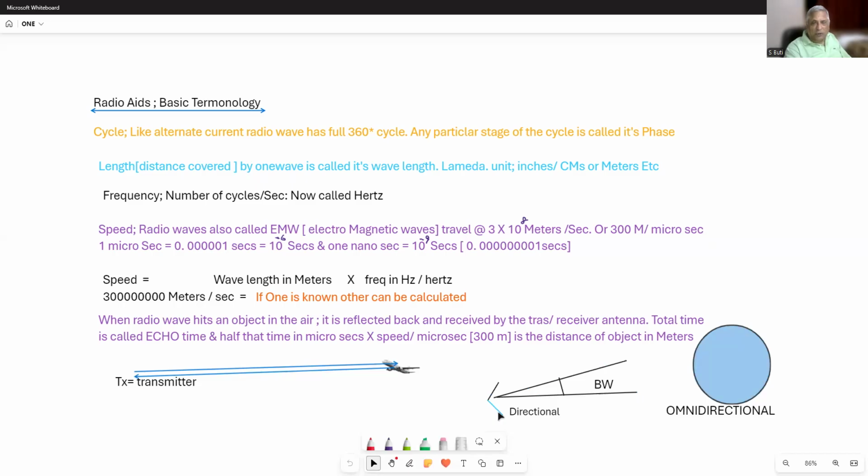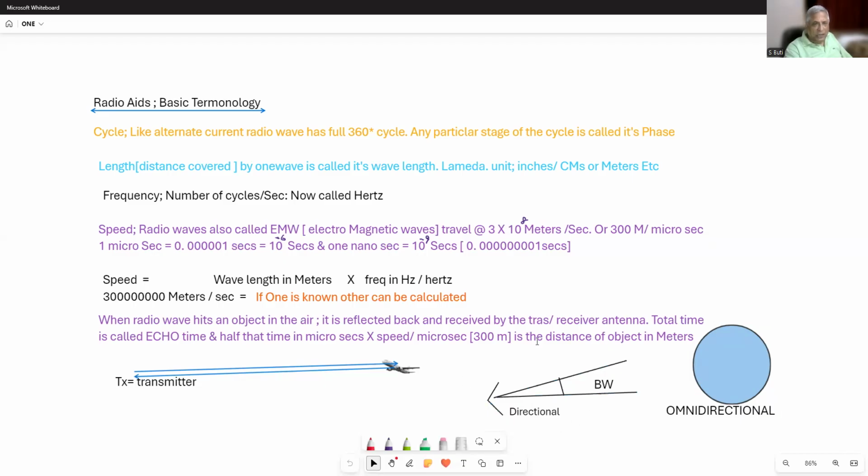There are two types of aerials. One is omnidirectional, where the aerial is in the center and the signal is sent out in all directions. The other transmission is called directional, and it has a beam, and this is called beam width, measured in degrees.